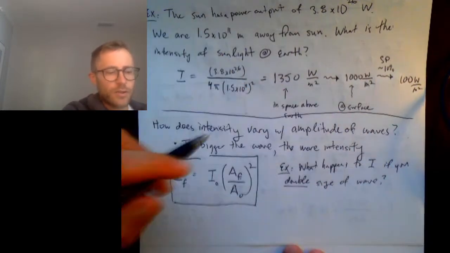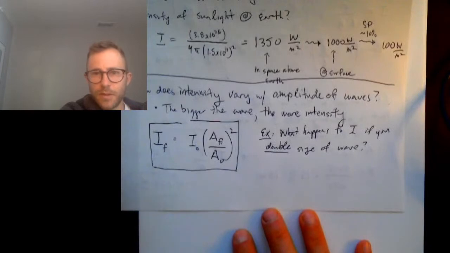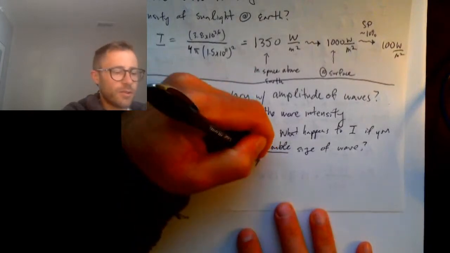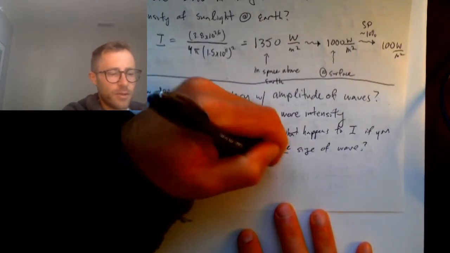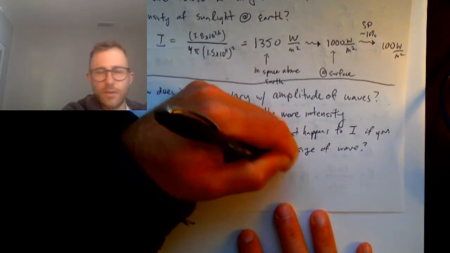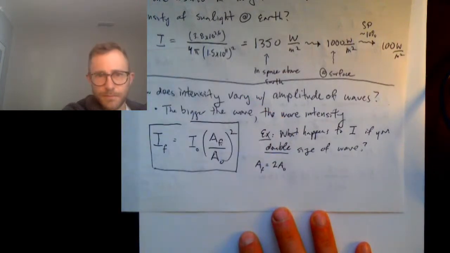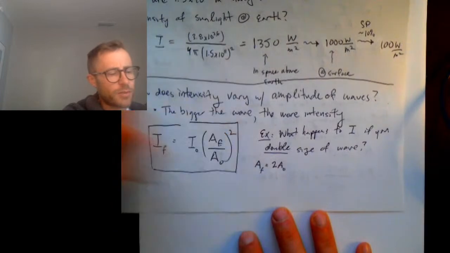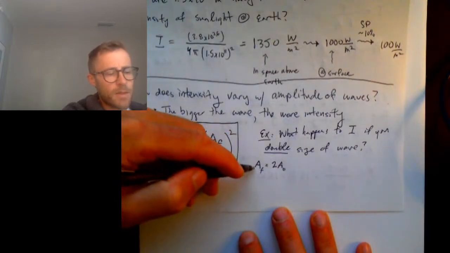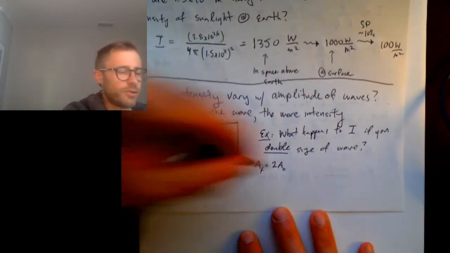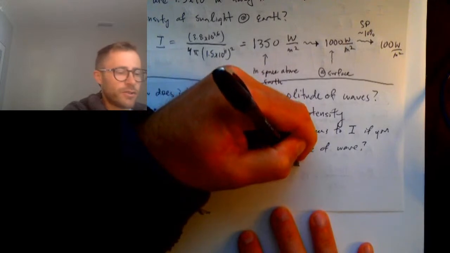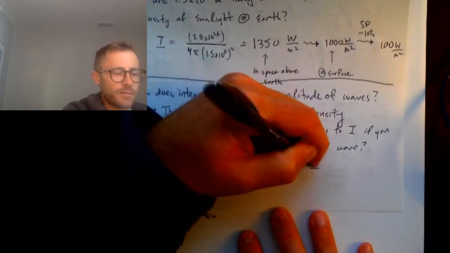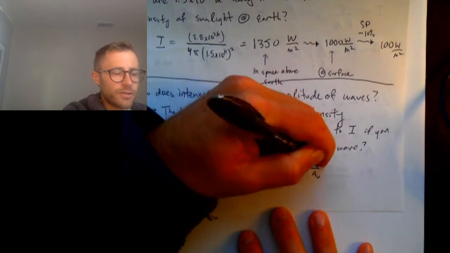Okay, so if you double the size of the wave, then that means that the final amplitude is going to be twice the initial amplitude. Dividing both sides by initial amplitude is going to tell us that A final over A initial is 2.